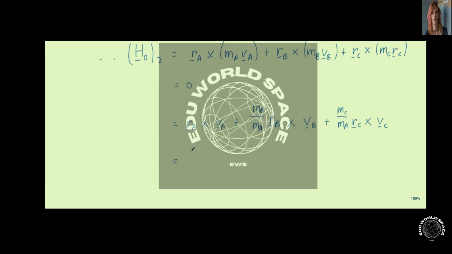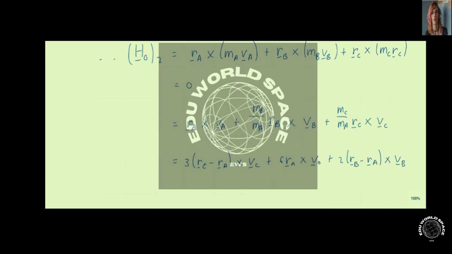And if we simplify it even further, we do some mathematics and we get 3 into (RC minus RA), remember, the R's are the position vectors, cross with VC plus 6 RA cross with vector V0, the initial velocity, plus 2 into (RB minus RA) cross with VB. So the conservation of angular momentum gives us this.